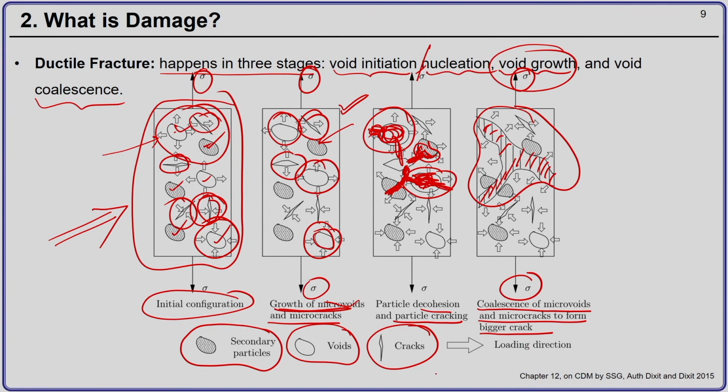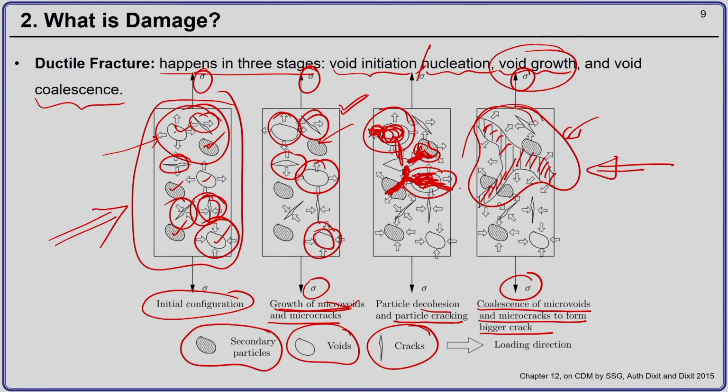So, that shows you how ductile fracture actually happens. From small voids and cracks, a bigger crack may appear. And these bigger cracks may collide together.